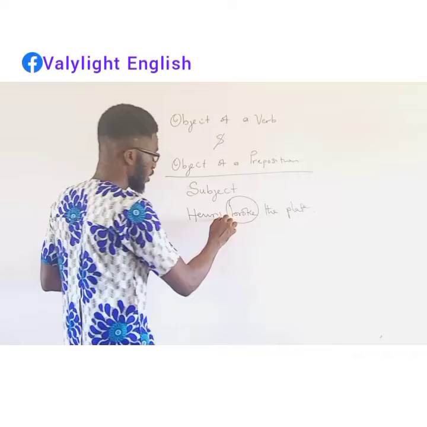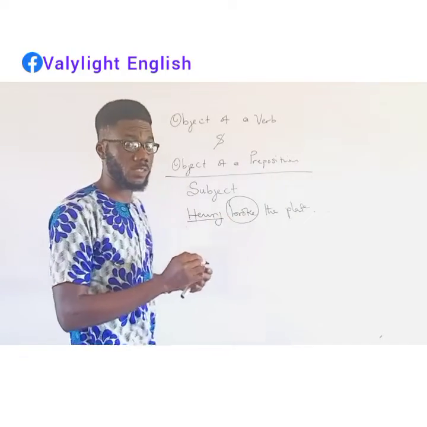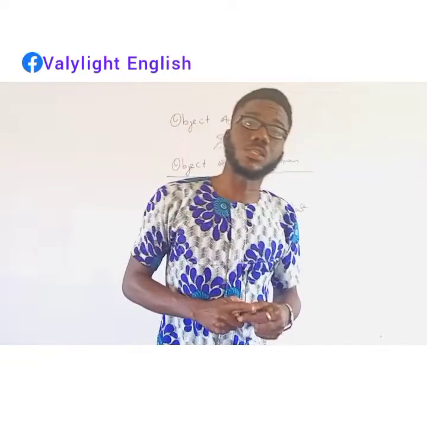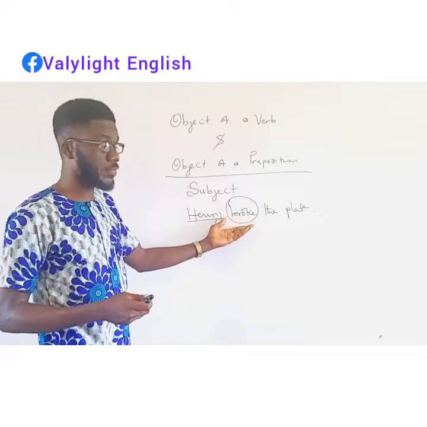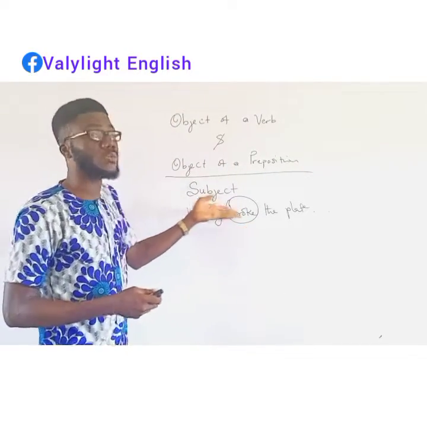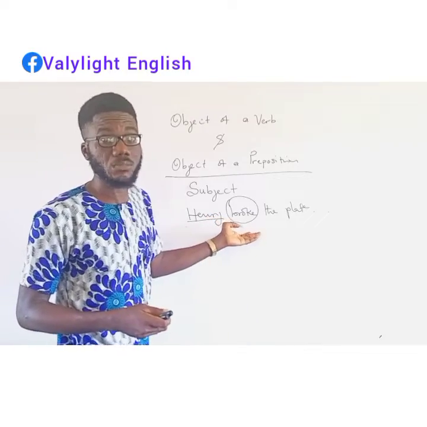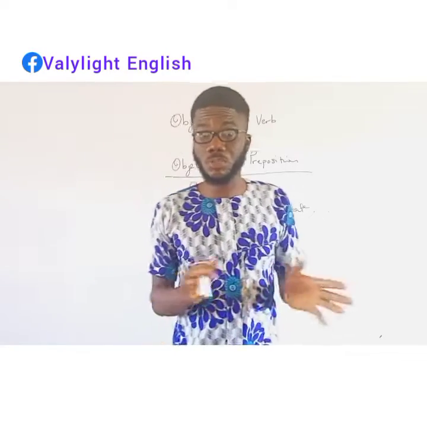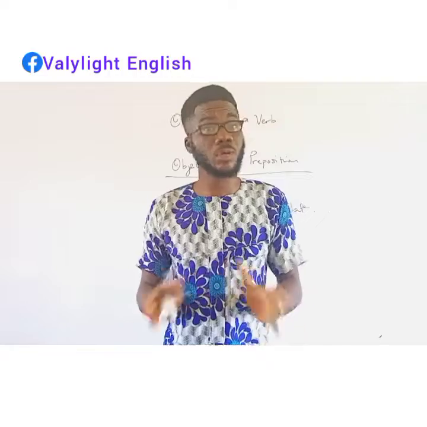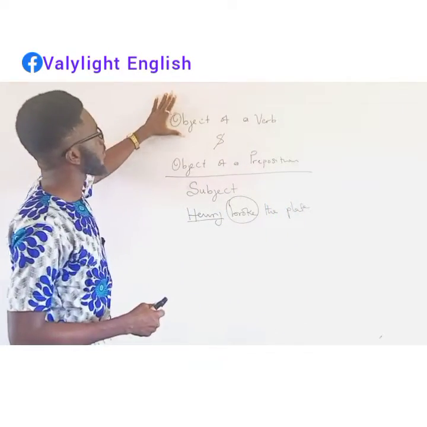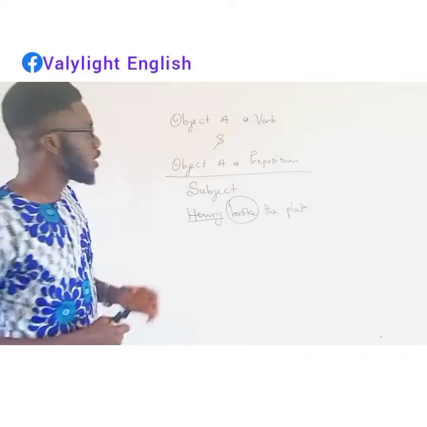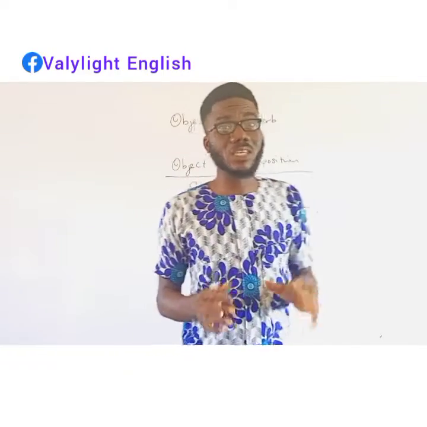And that is why this Harry becomes the subject of the sentence. Now, some persons will tell you that this is the subject of the verb. Other persons will tell you that it is the subject of the sentence. Whichever one, they are the same thing. Whether you refer to it as the subject of the verb or the subject of the sentence, you're talking about the same thing.